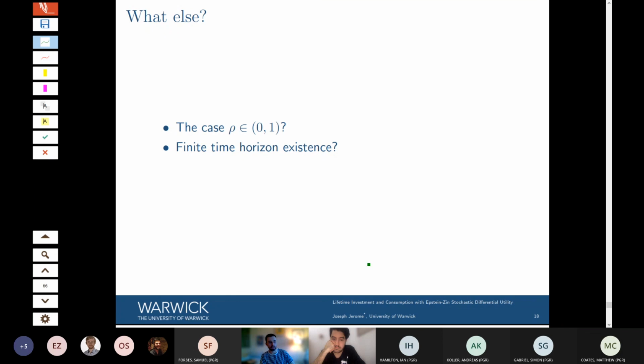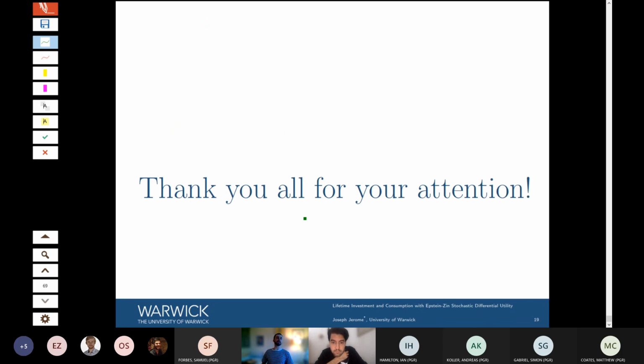At the moment there aren't that many results in the literature, and they impose quite strict conditions. So hopefully we'll be able to make that a little bit better. And then we also want to generalize the market, so maybe consider a non-Markovian financial market or introduce transaction costs or something like that. So thanks a lot for that. I know it's short on time, but I'll stay around at the end if anyone wants to ask questions.